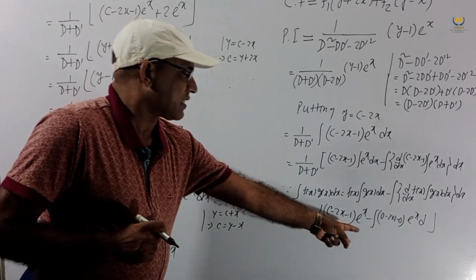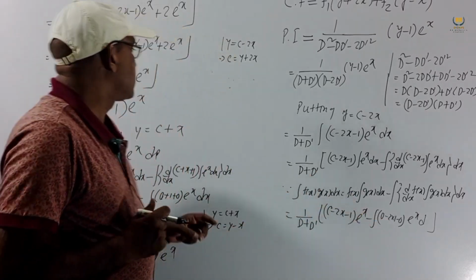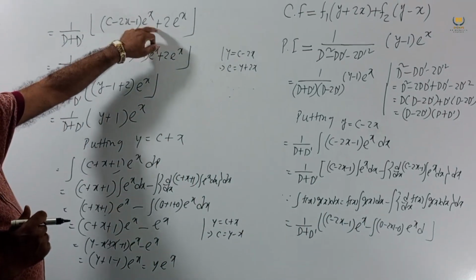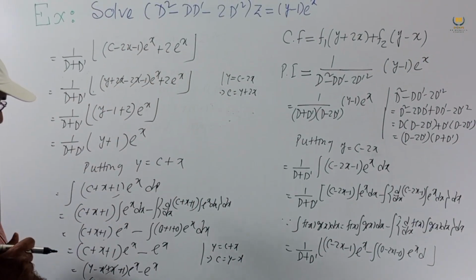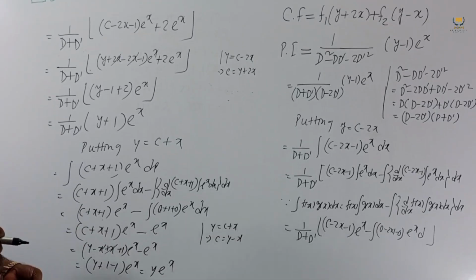So here I made a mistake, this one is minus plus, then I wrote minus, then all of this is plus, and this is y e to the power x we get.